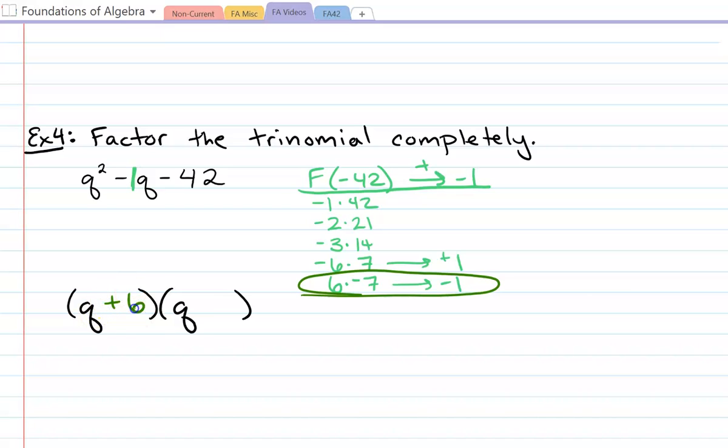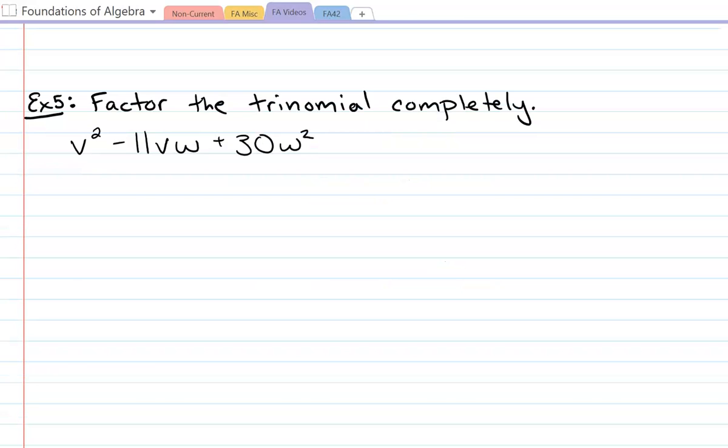So q plus 6, q minus 7. So let's take it one step further. Let's say we had two variables. They gave us two variables here.